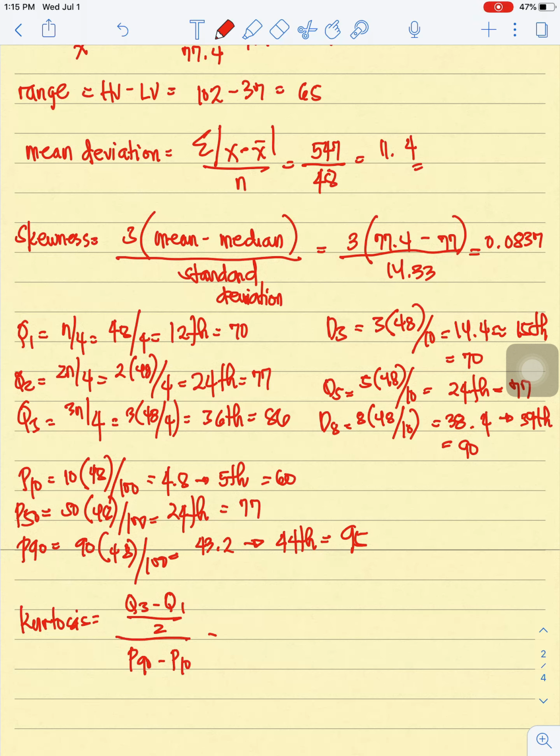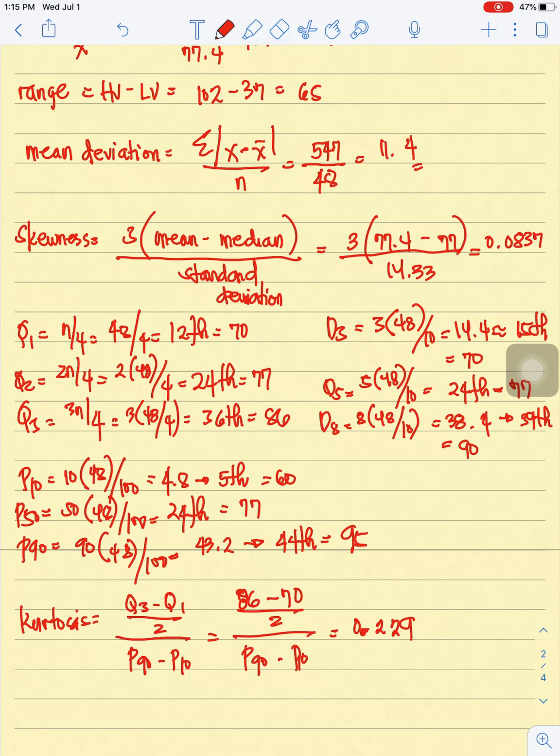So we have there our Q3 is 86 minus our Q1 is 70, divided by 2, divided by P90 minus P10. So our kurtosis is equal to 0.229.